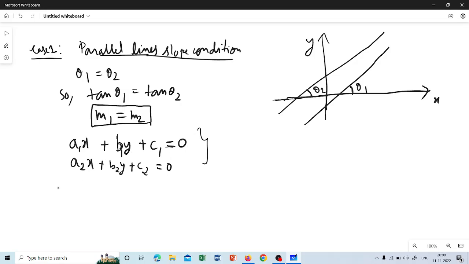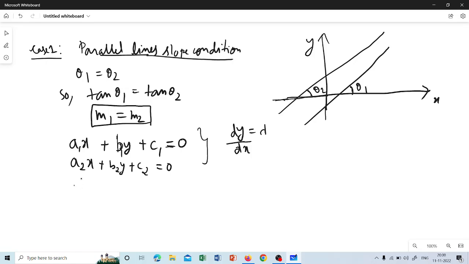Now I am going to start with a condition. You know that slope 1 is equal to slope 2. I have defined the slope that way also, right? Slope is equal to dy by dx, which is differentiation. I hope you are aware of differentiation, at least basic differentiation.